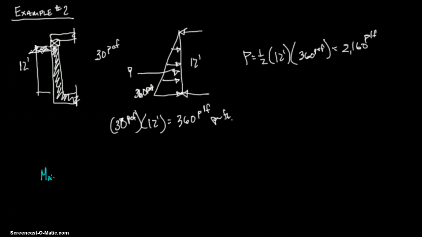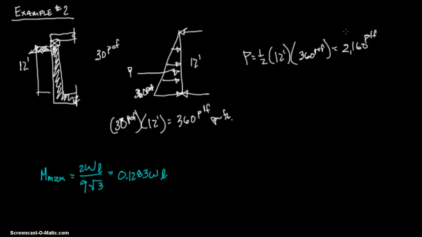M max equals 2WL over 9 square root of 3, and it says off to the side that it also equals 0.1283 WL, which makes it a lot easier.